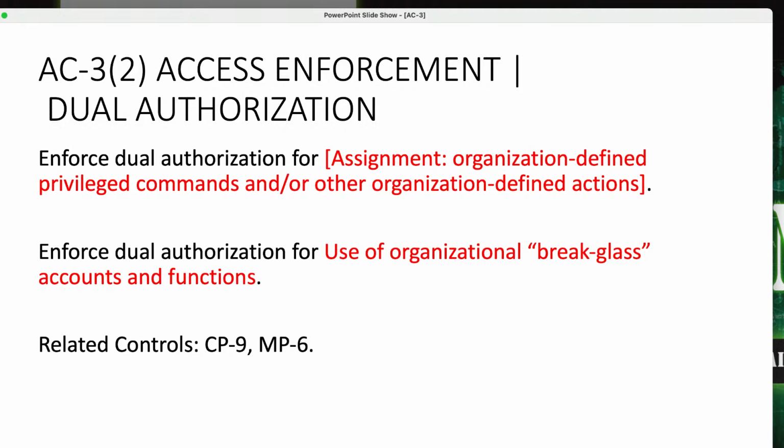Of course, this is going to be up to your organization to define. That's why NIST left it in square brackets. You determine when you want to use dual authorization. Maybe you're never going to use it, maybe because of the type of systems you have, the systems are not that critical, or the protection for environmental and other safety is more paramount than this. So we have our related controls, CP-9 and MP-6, but that's the control.